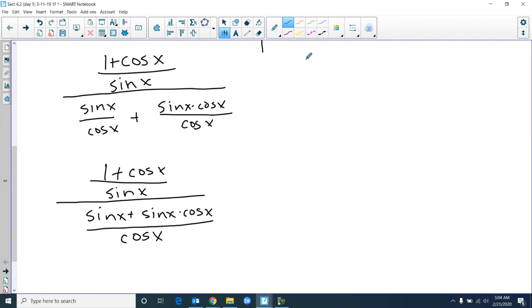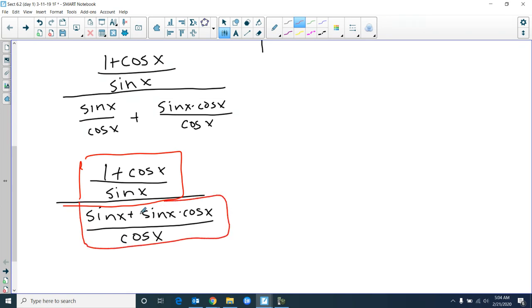All right, I'm going to do 2 things at once here. There's your numerator, here's your denominator. I'm going to multiply those together: keep, change, flip. But as I do that, look at this top here. What do they have in common? They both have a sine of x.